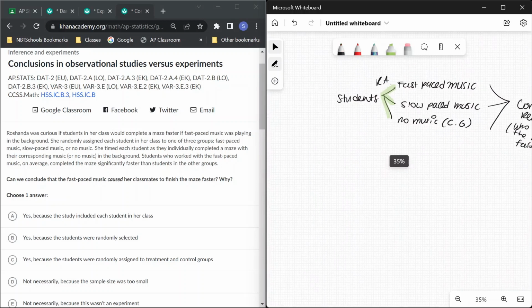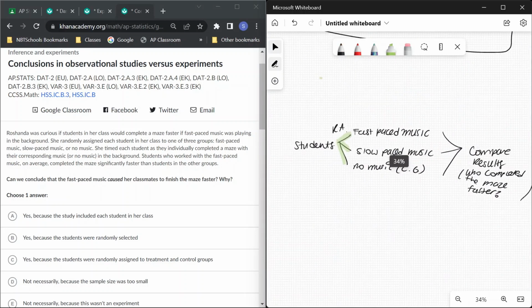Okay, who completed the maze faster? So that's what the experiment design looks like.